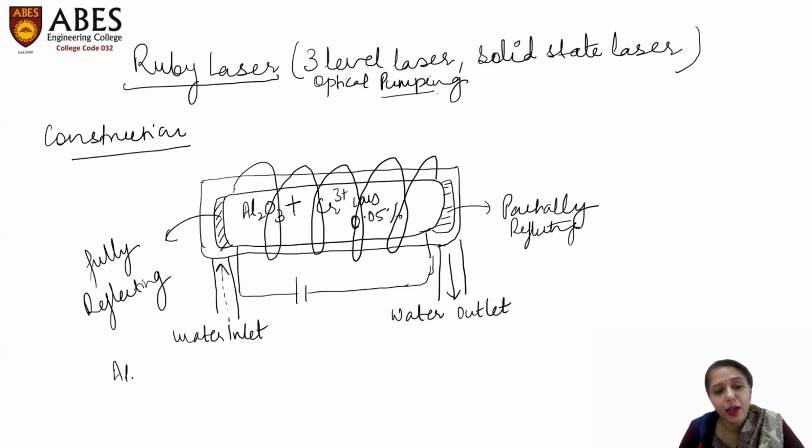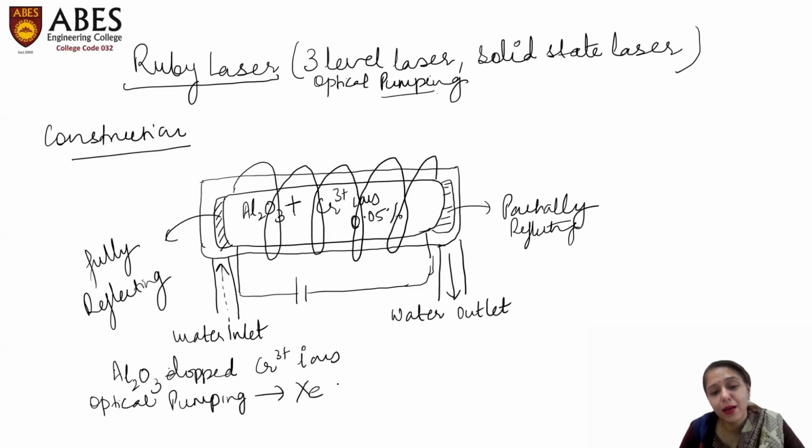We have used an aluminium rod, Al2O3, which is doped with chromium ions, Cr3+ ions, a few chromium ions. The other part is the optical pumping, and optical pumping we have provided with a xenon flash lamp in helical form.